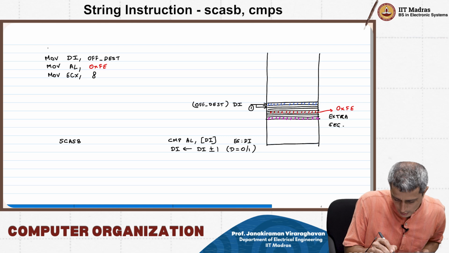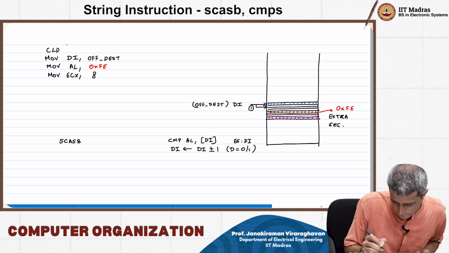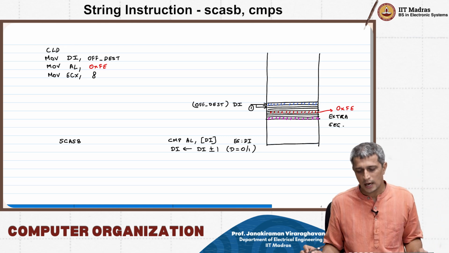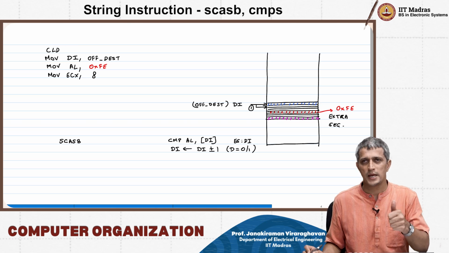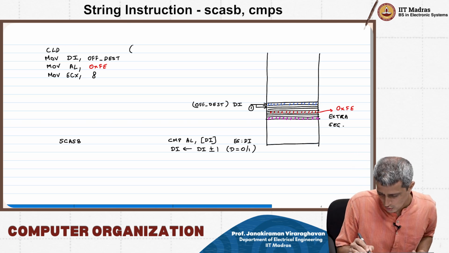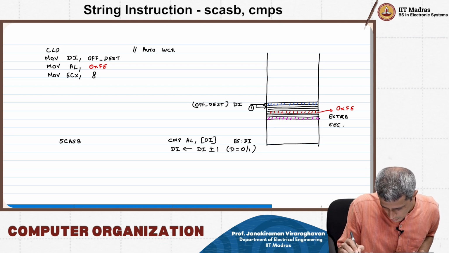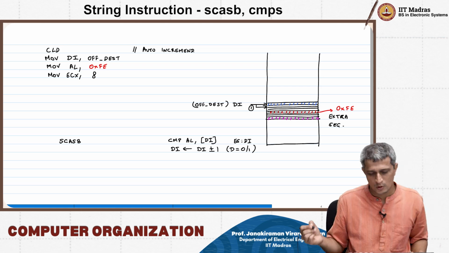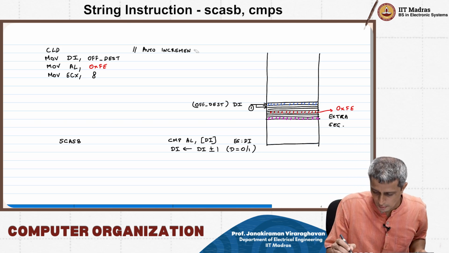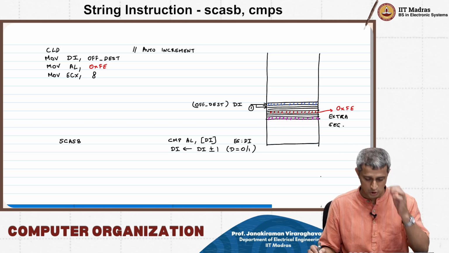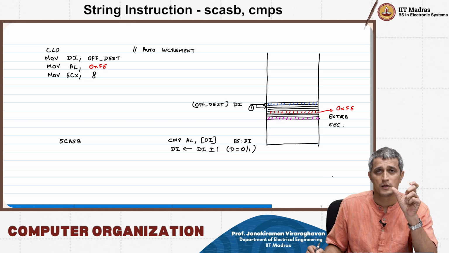Okay, so therefore, in this sequence, I have to do CLD so that I do auto increment of my SI and DI, right? This is auto increment. So you're going to initialize DI to the offset destination.